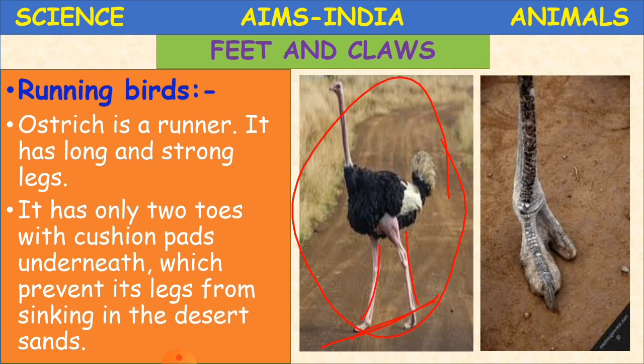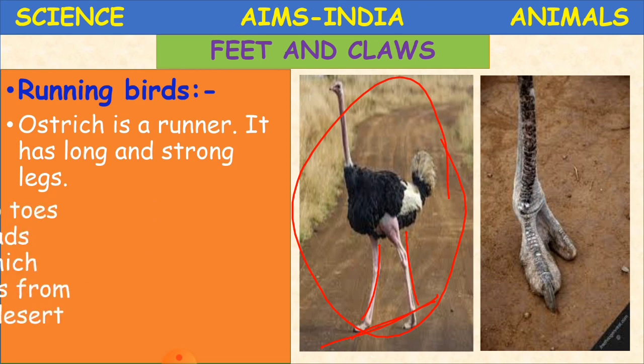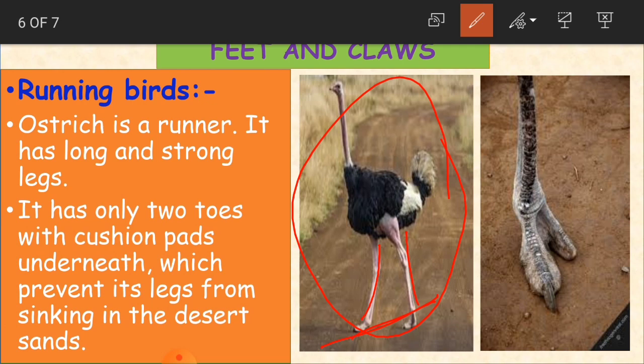I am talking about the toes here. But if you see, the ostrich has only 2 toes. Not 3, not 4. Just 2 toes. It is a runner, and it has 2 toes with cushion pads underneath.